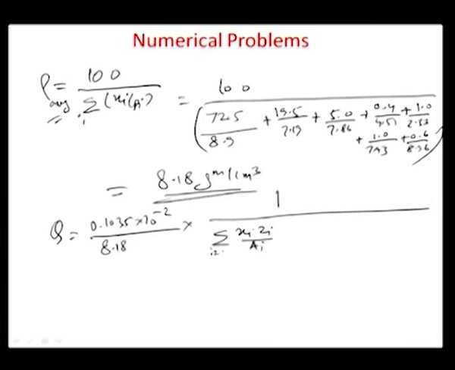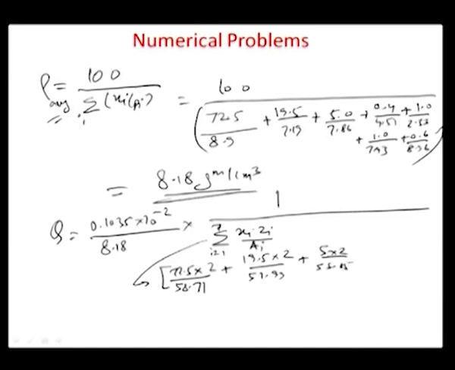And this i basically varies between again 1 to 7 in our case. So, this can be written down here as 72.5 percentage x i equal to 1 times of the valency state. The lowest valency state for nickel in which it comes out is 2. We have to take the lowest valency state divided by the atomic weight of nickel, which is 58.71, plus that for chromium, plus that for the third phase, plus that for the fourth phase, plus that for the fifth, sixth and seventh phases respectively.